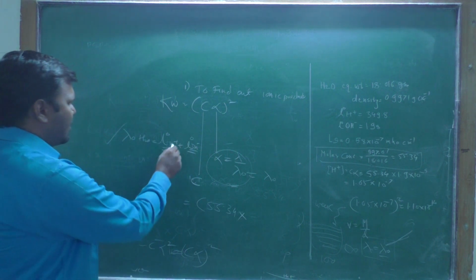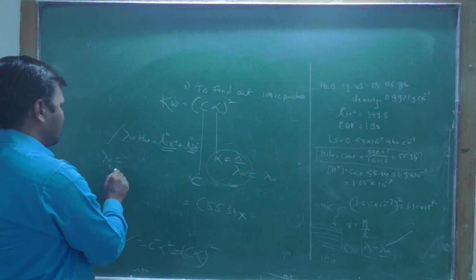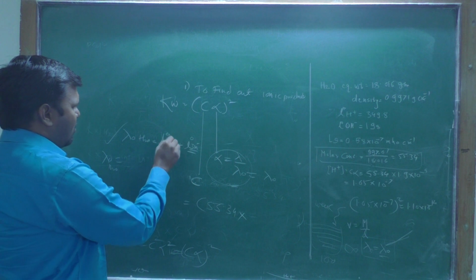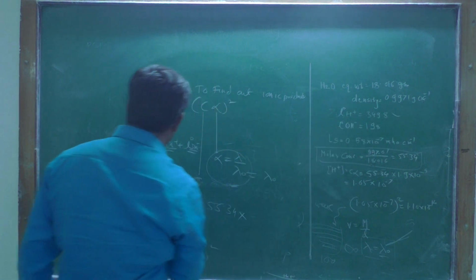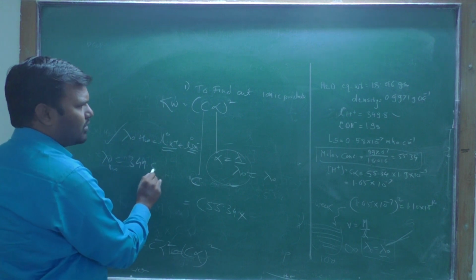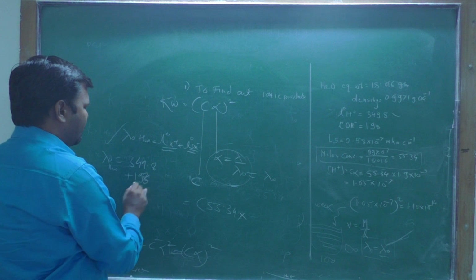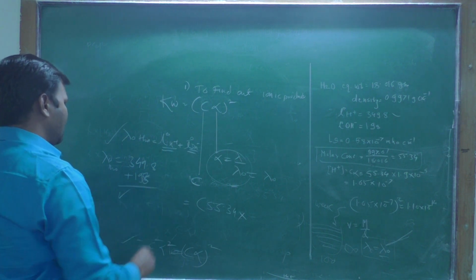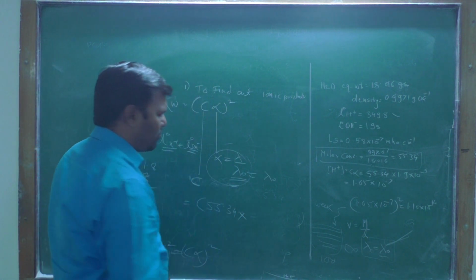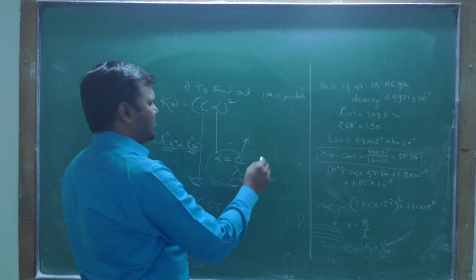By using Kohlrausch's law, you can find the lambda 0 for water, which is equal to lambda 0 of H plus, 349.8, plus 198 for the OH value. You will obtain the total value here. Therefore you have found your lambda 0. Then the lambda value can be found.